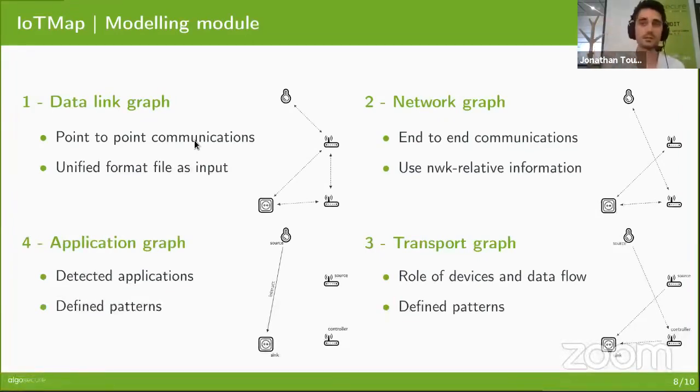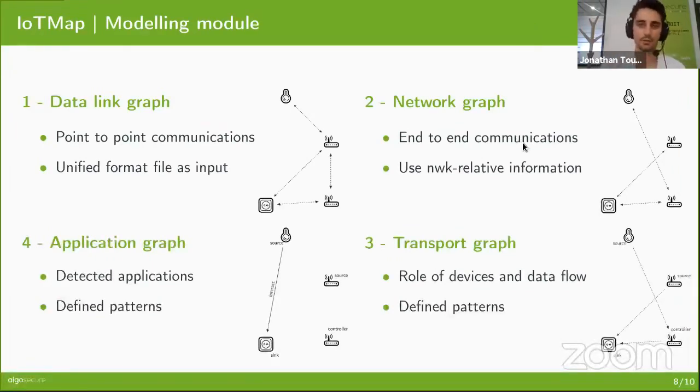When this graph is produced, the information brought by this graph is used to build the network graph. The network graph highlights end-to-end communications. What I mean by end-to-end communications is the real destination of the message. When a device wants to send information to a device, if this device is not in the radio range, the message passes through different hubs to reach the destination.